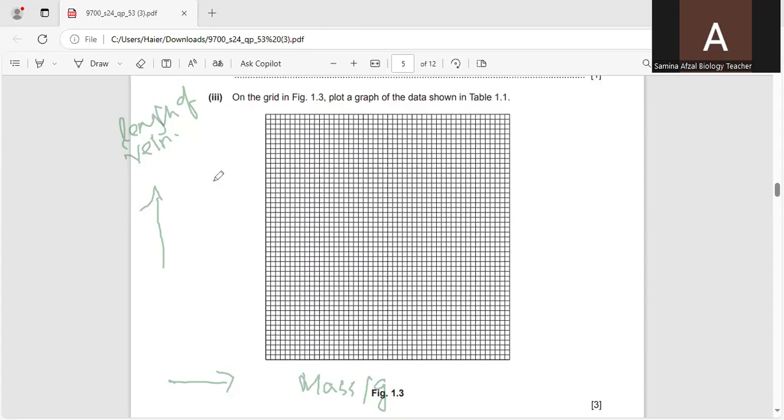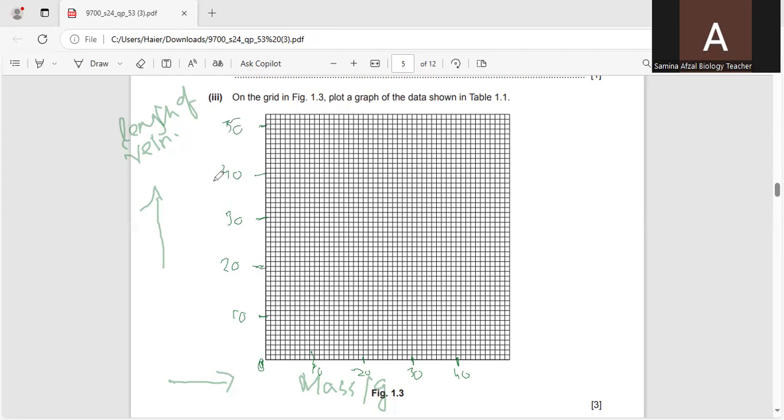We will start on the x-axis from 0, and then 10, 20, 30, 40, and on the other side on the y-axis, we will also use 10, then 20, 30, 40, and then 50. So I have used these values.